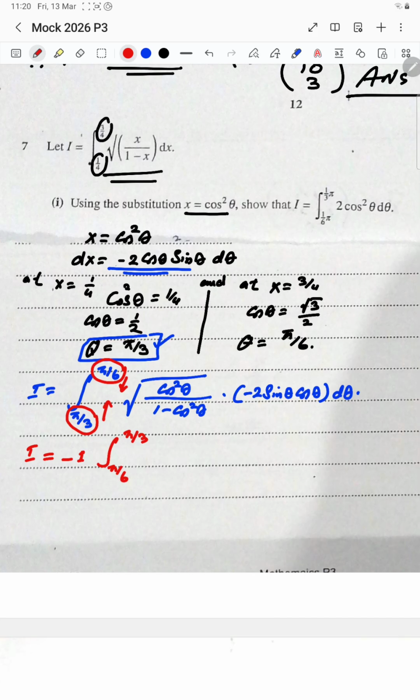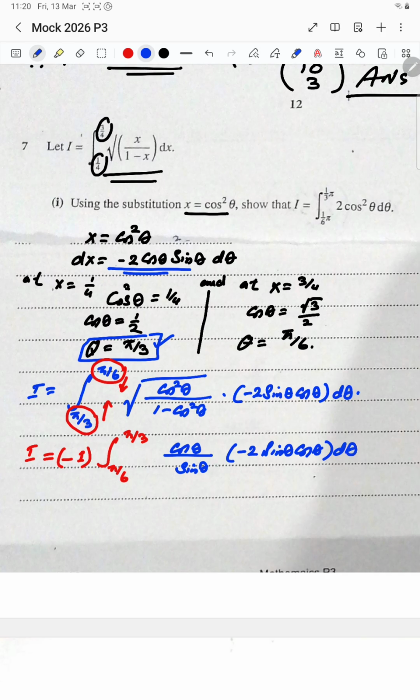I swap the limits and put a negative sign outside, and the rest of the values as they are. Out of this square root I will get cos of theta over 1 minus cos square, that is sine square, so sine theta, and here minus 2 sine theta cos of theta d theta.